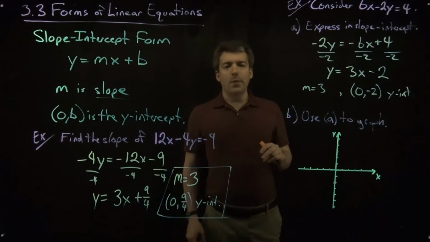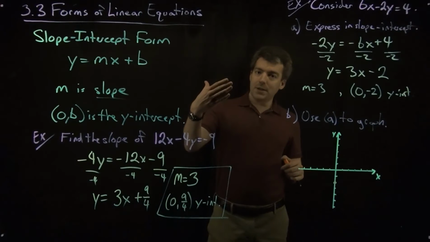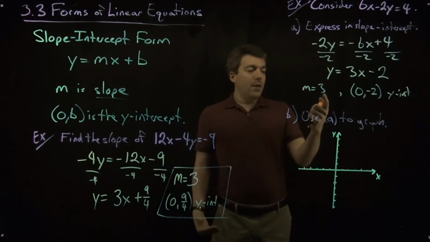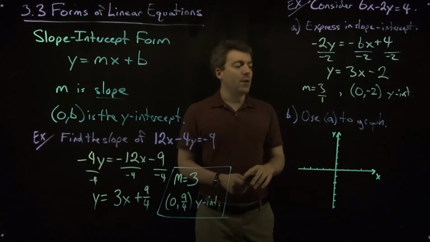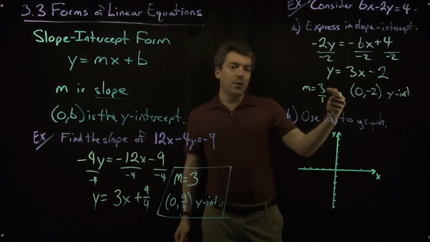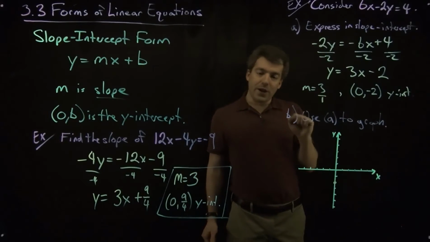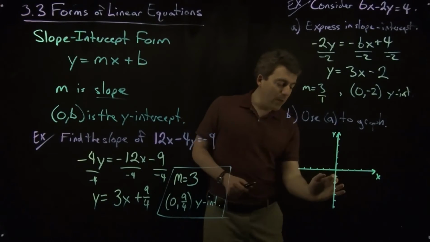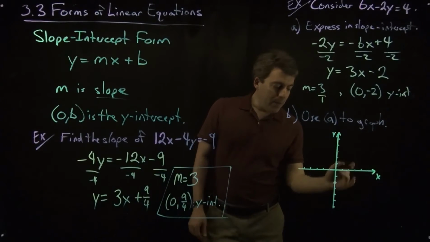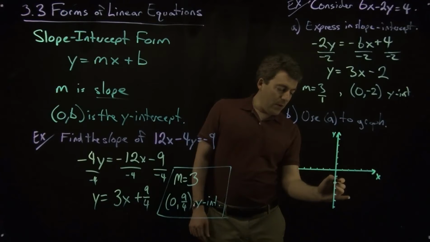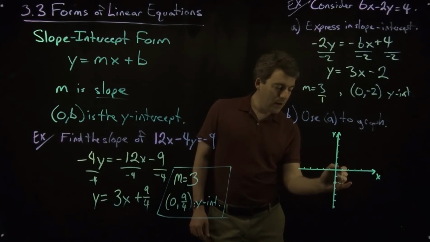Now the slope, remember, characterizes the rise of the function over the run. 3 can be thought of as 3 over 1. So there's a change of 3 units in the positive direction in y for every 1 unit change in x. So if we move over 1 from this point, we're going to go up 3 units. So we go over 1 and up 1, 2, 3.